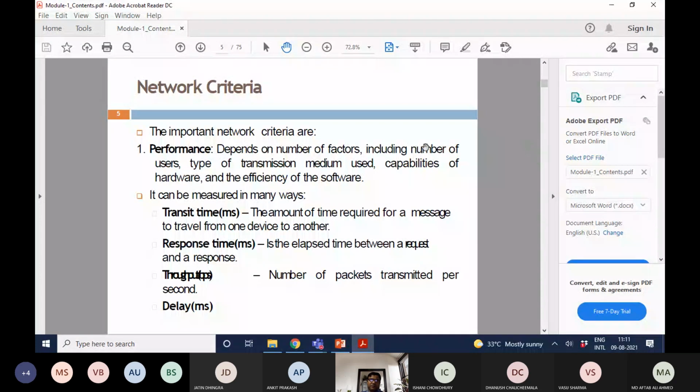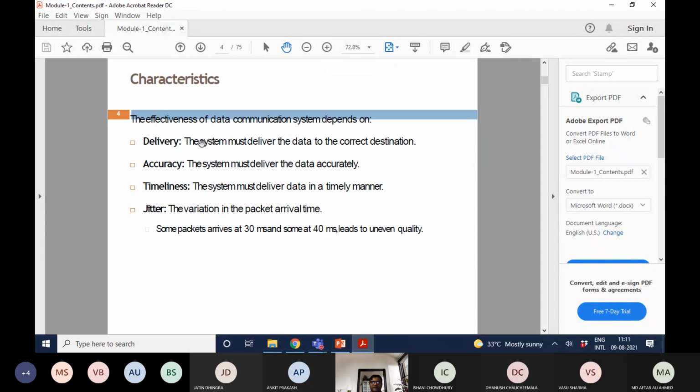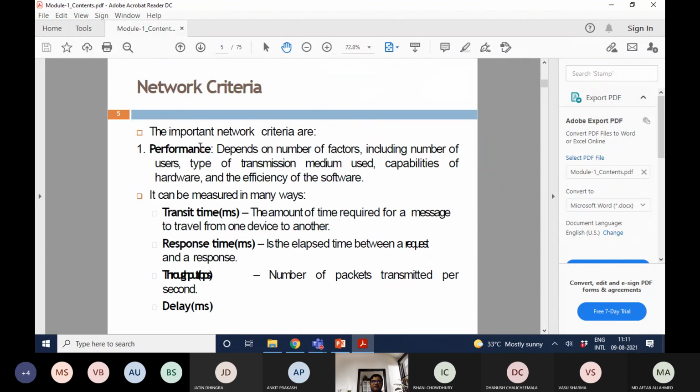So, the performance, whatever we have seen here. Whenever we are talking about a network and the network criteria we are following, we are going to follow the performance.